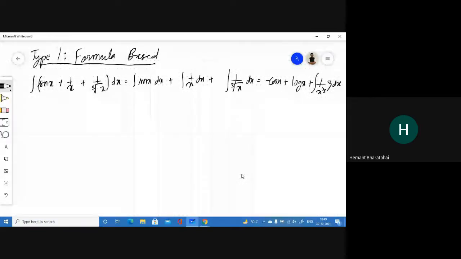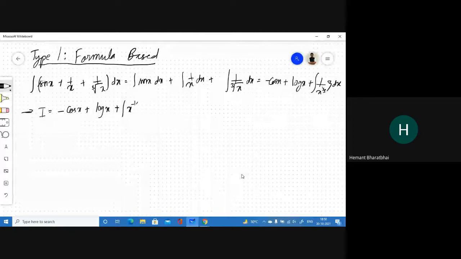Therefore, I'll get I equal to minus cos x plus log of x plus integration of this, which will go up, so it will become x raised to minus 1 by 3 dx.